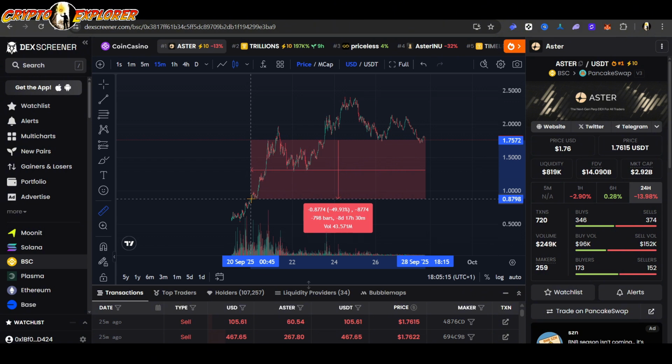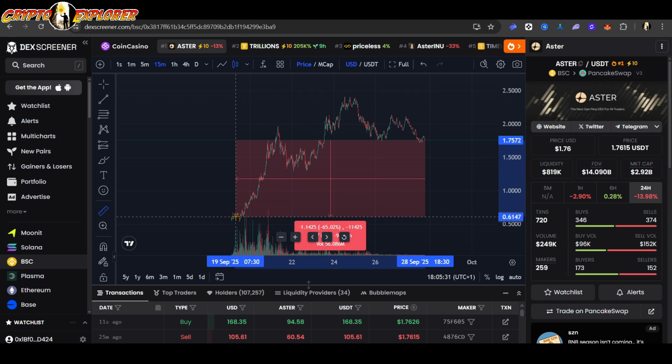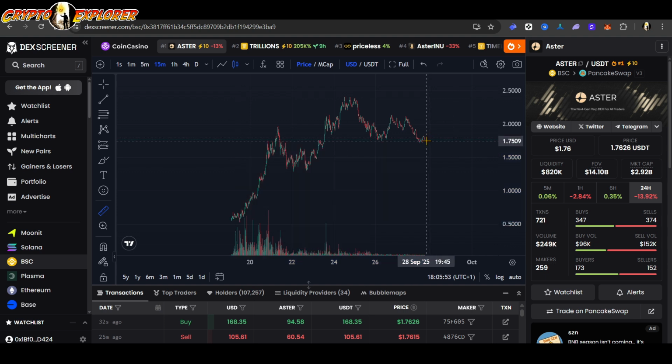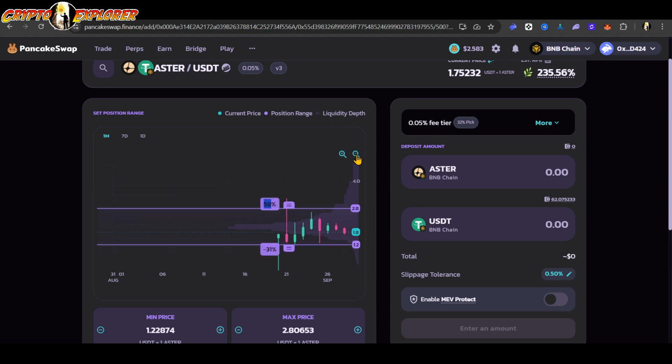So if you want to be completely on the safe side, if there is such a thing in crypto, you could go all the way down and set up a downside range of around 65%. And on the upside, you could also go wide here, squeeze in also this all-time high, and on the upside 35%. But if we do that, so let me go down here. So we're gonna go and zoom out.